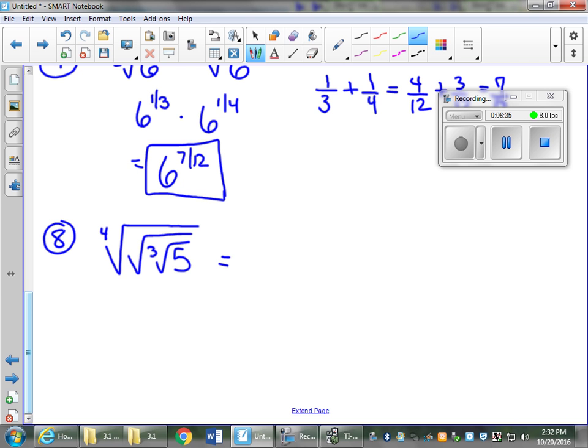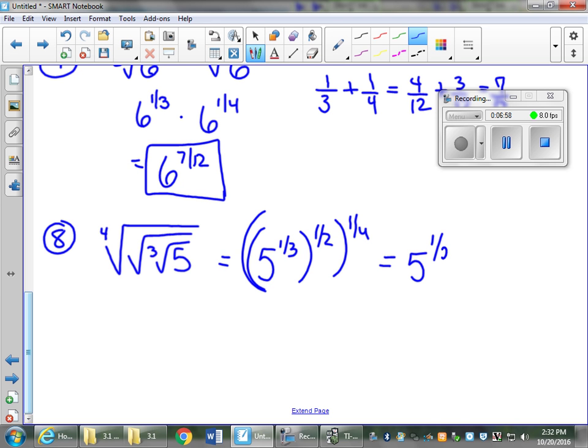So it's going to be first 5 to the 1/3, to the 1/2, to the 1/4. So cube root, then square root, and then 4th root. I now can multiply all of these, power to a power rule, to get 5 to the 1/24. And 5 is a low base, and that is done.